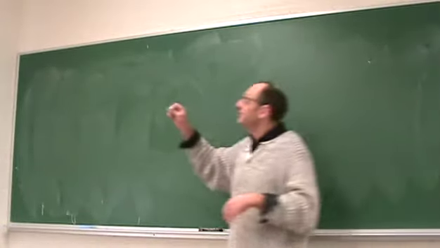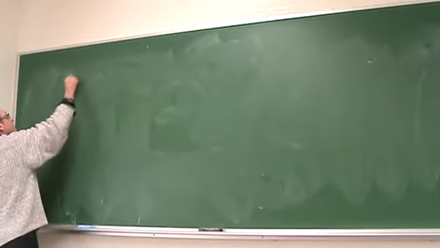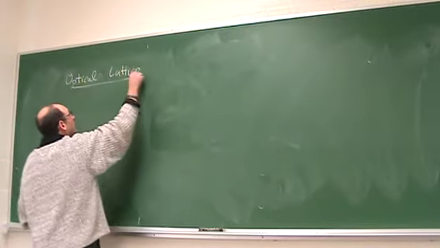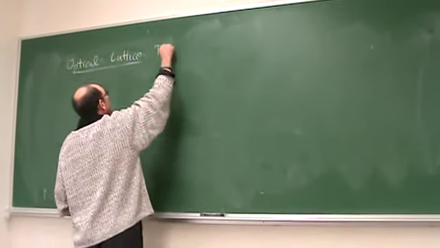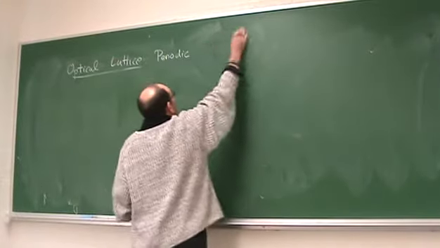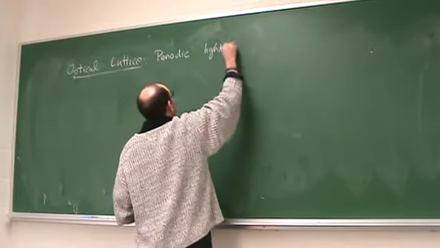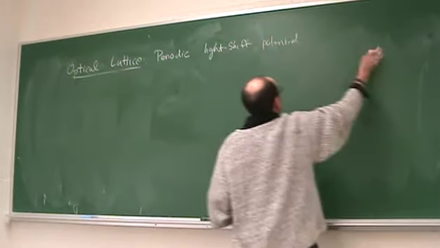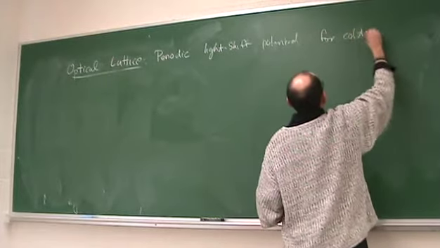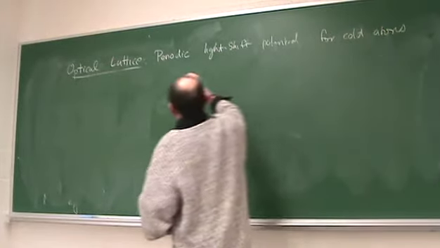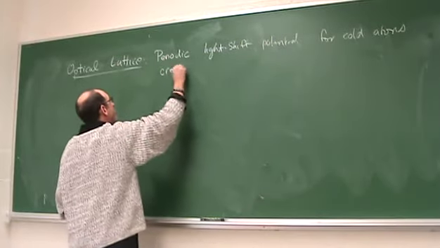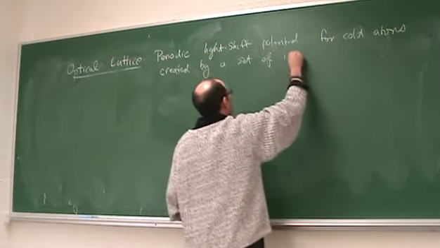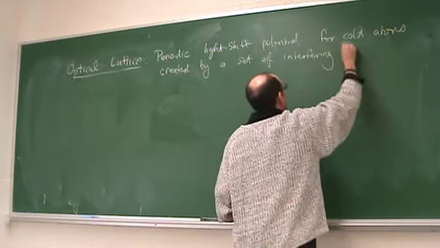So let's define an optical lattice. What we mean by an optical lattice is a periodic light shift potential for cold atoms created by a set of interfering laser beams.